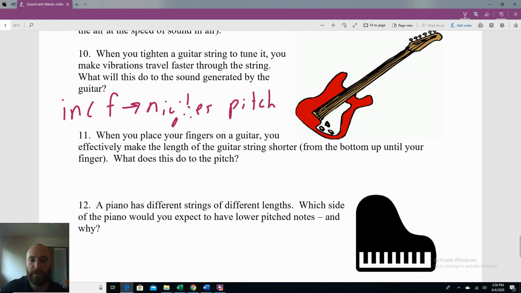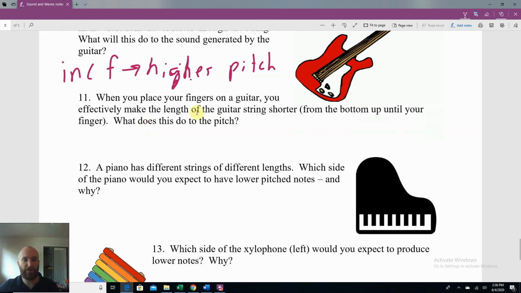If you've ever played a string instrument, a guitar, violin, cello, anything like that, you know that when you tighten the strings, what you hear is a higher pitch. The reason is basically you're making the sound travel faster through the string.